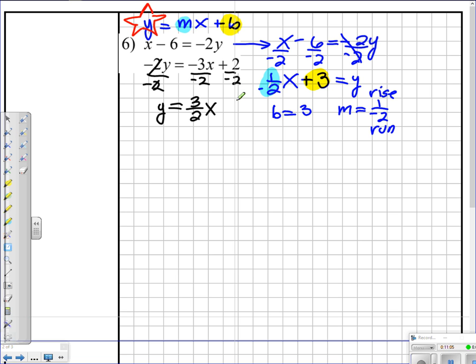And 2 divided by 2 gives you 1, and a plus divided by a negative will be a negative. So in this case, the b will be negative 1, and the m will be 3 divided by 2.